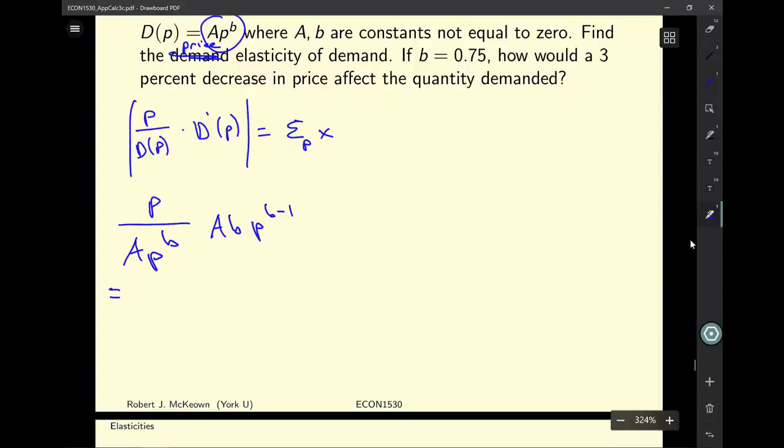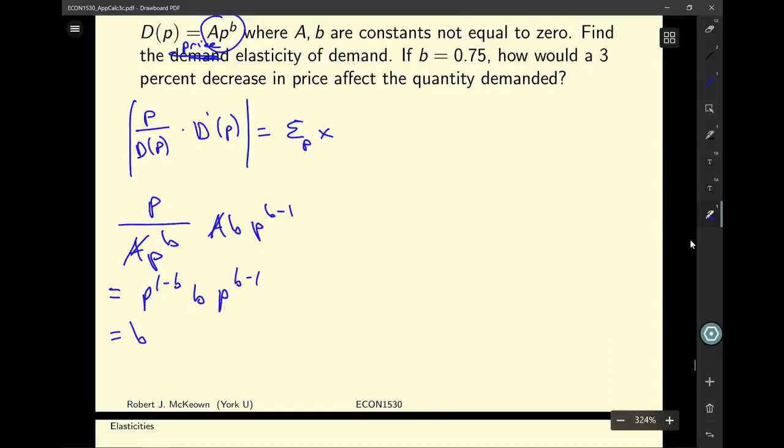If we do a little bit of simplifying here, you can see that the A's are going to cancel each other out. And if I normalize the fraction, we get price to the power of 1 minus B times B price to the power of B minus 1.